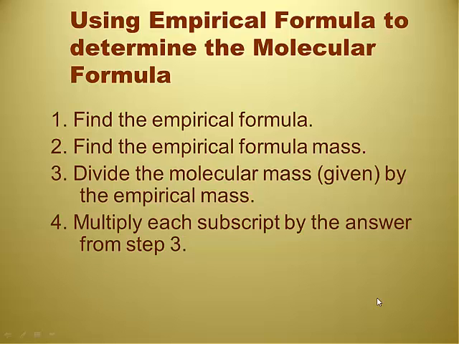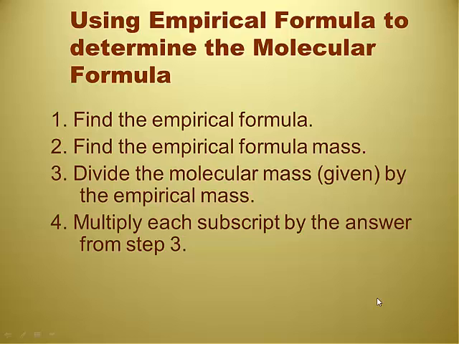Then you multiply each of the subscripts by the answer from step 3. You multiply the subscripts you got for the empirical by the number from step 3 to find the multiple, and then you get the molecular formula. The molecular formula is a multiple of the empirical.